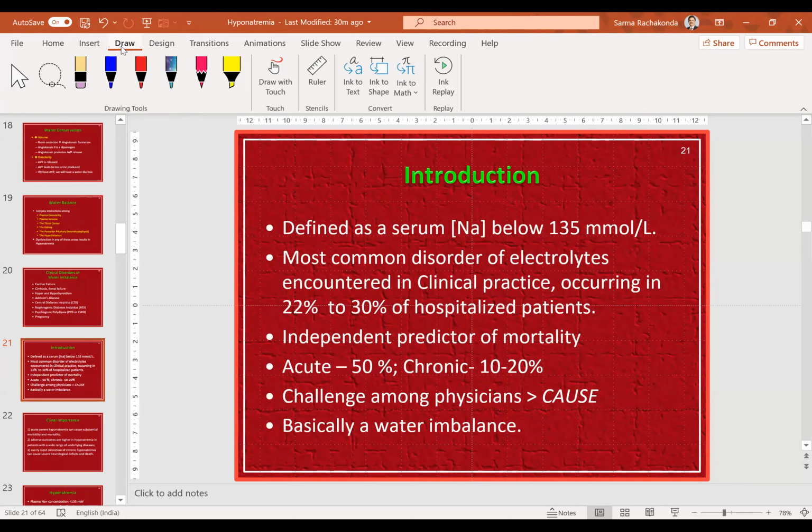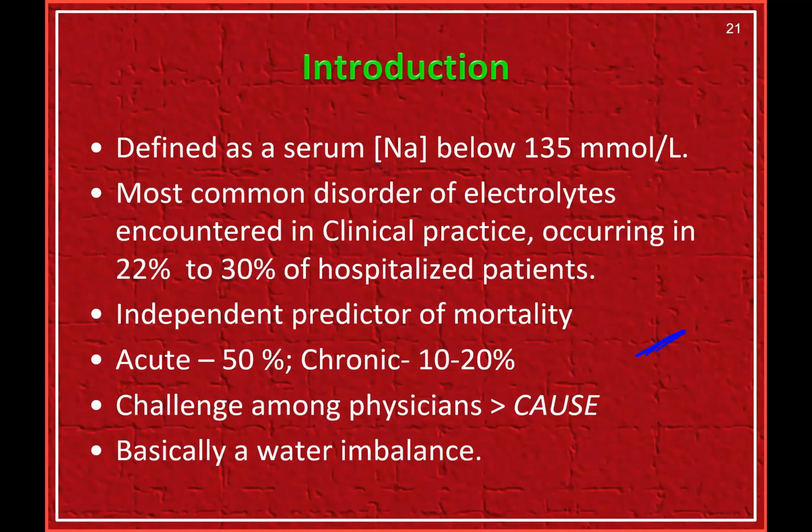That is why we need to understand the importance of doing electrolytes in all the patients. So 135, remember, is the point where we need to think of hyponatremia, and it is of two types, acute or chronic. Acute is 50% of the cases, and in 10 to 20% of the patients it may be chronic, occurring in around 20 to 30% of hospitalized patients.